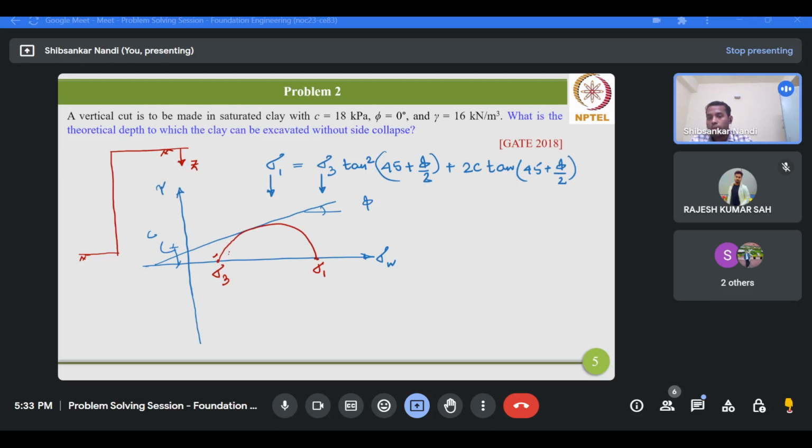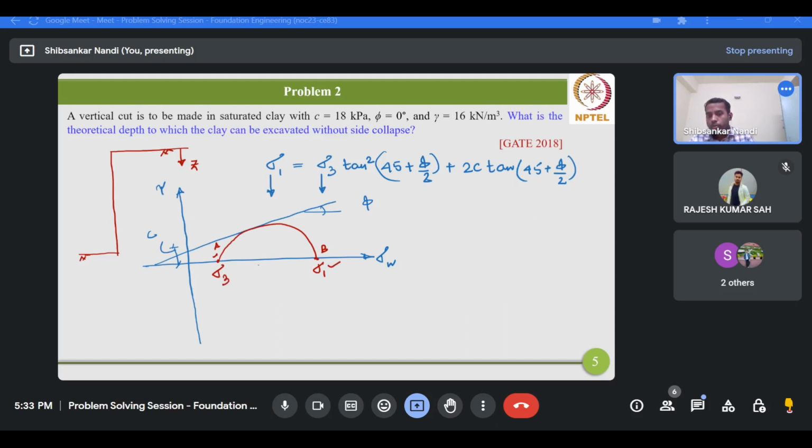Suppose this is point A and this is point B. At both these points the shear stress value would become 0. So from the basic definition, the normal stresses at these points will be principal stresses, and the maximum of these two will give you the major principal one, and the minimum will give you the minor principal one.